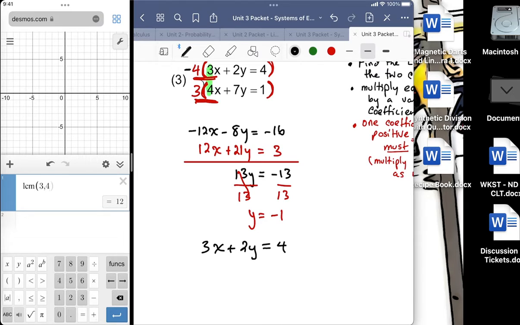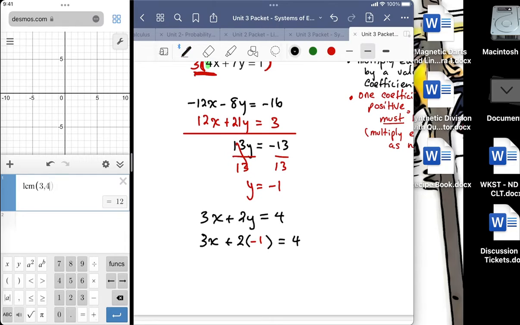Unless the second equation looks significantly simpler than the first equation, I just latch on to the first one and go from there. So 3x plus 2 times -1 is going to be equal to 4. So 3x minus 2 is equal to 4. Again, we're just popping in the -1 for the y.